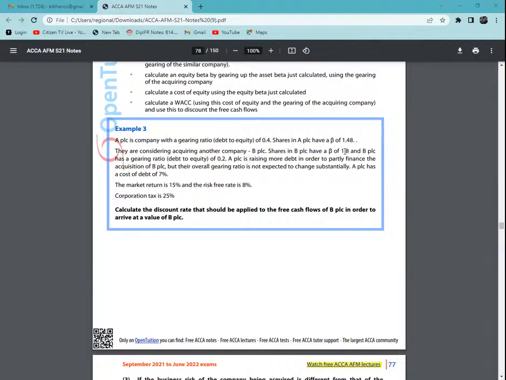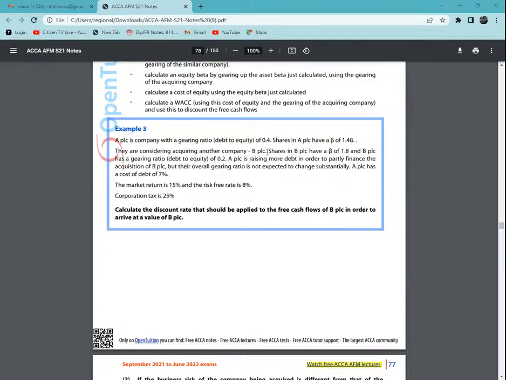Then I need to ask myself, is this new business levered or unlevered? You look at the capital structure given. I can see it has debt and equity in it, so it's a levered firm.